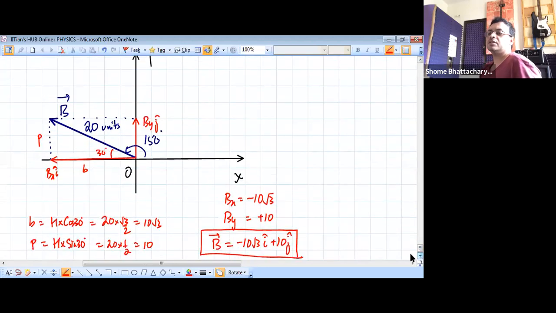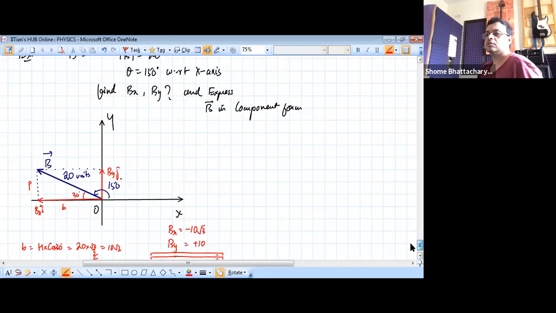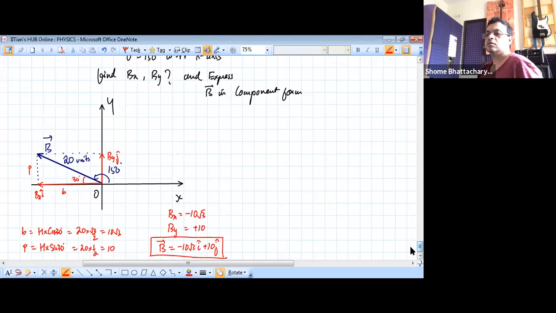This is the simplest way to understand how this particular vector has these particular components from the given information that the vector b was at 150 degrees with respect to the x-axis and its magnitude was 20.